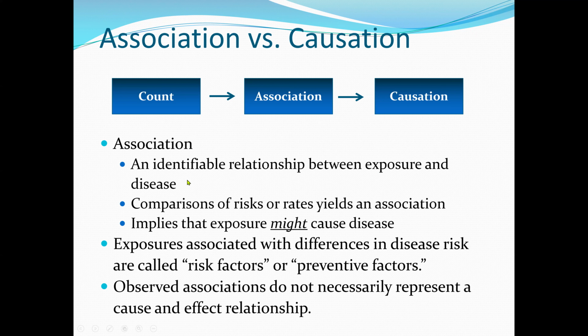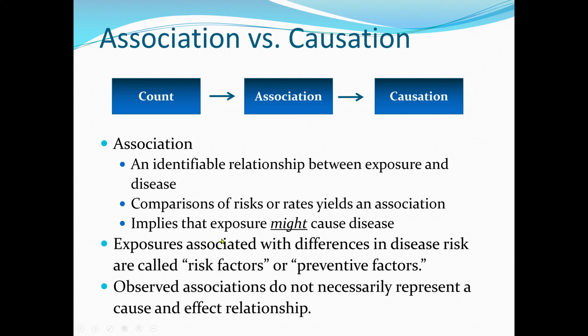What we mean by association is an identifiable relationship between the exposure, in this case the risk factors, and the disease or the outcome. Comparisons of risk or rate yield an association, and that's our main goal in these lectures.